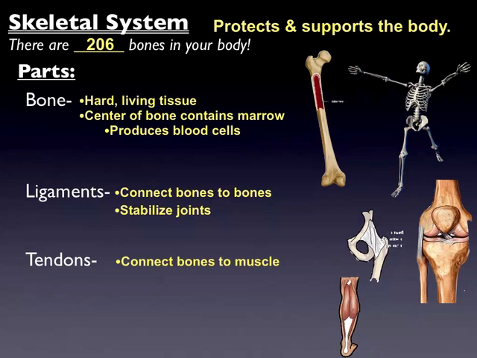And that's how we run. It connects your calf to that bone. It's this really thick, strong tendon. And so when your muscle contracts, it pulls on the tendon, which moves your foot. So you see all these pictures here, and this is the calf muscle, this is the Achilles tendon.